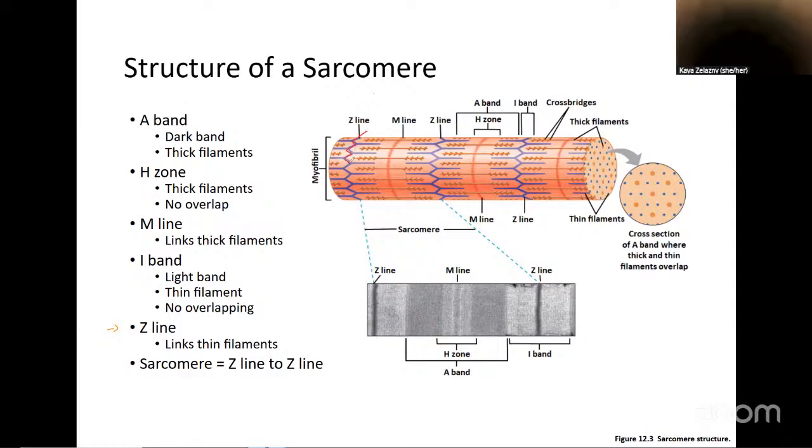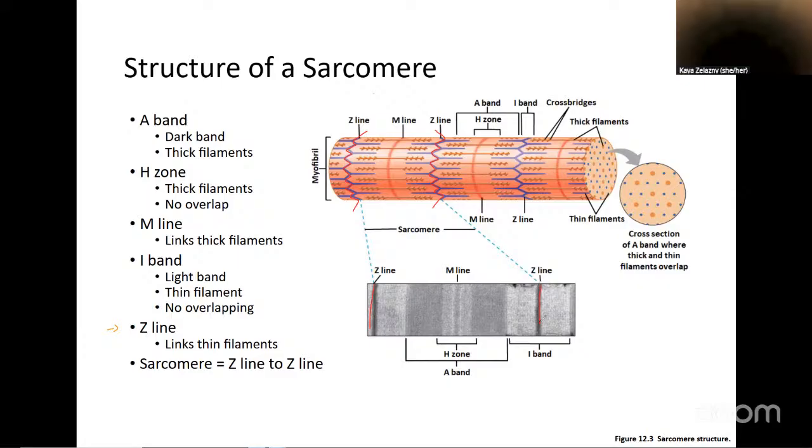Literally we're writing a Z over and over again. And here's our other Z line. So these would be the ends of this sarcomere here. You can also see them in the microscope slide, but they're not so squiggly looking if you were looking at an actual slide in front of you. So this thick line here and this thick line here are Z lines.